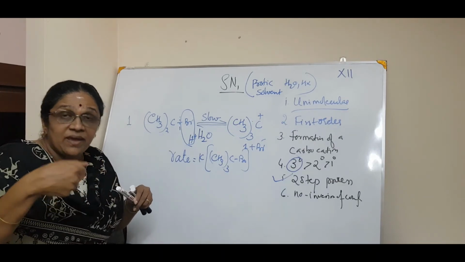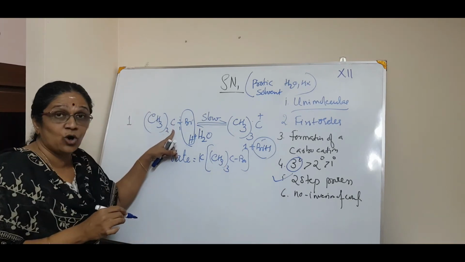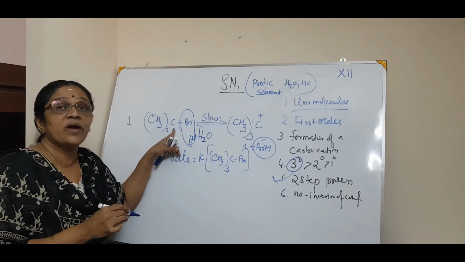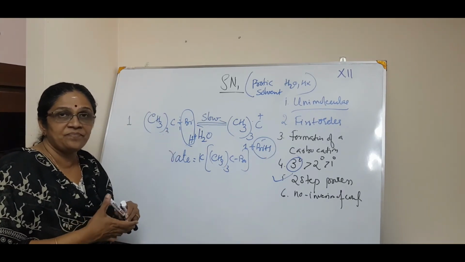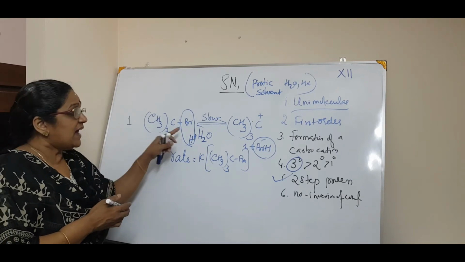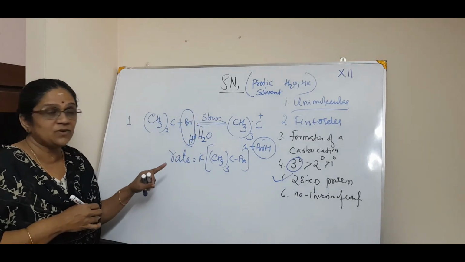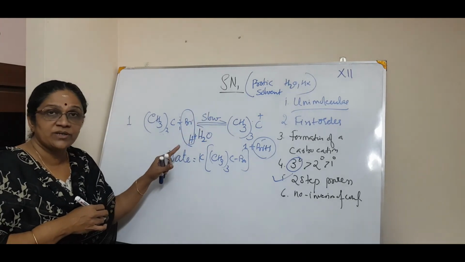It will pull the Br and form what? HBr, and you will get what? You will get the carbocation. See? You will get the carbocation. So that is the importance of this protic solvent. Okay, that is the importance of a protic solvent.